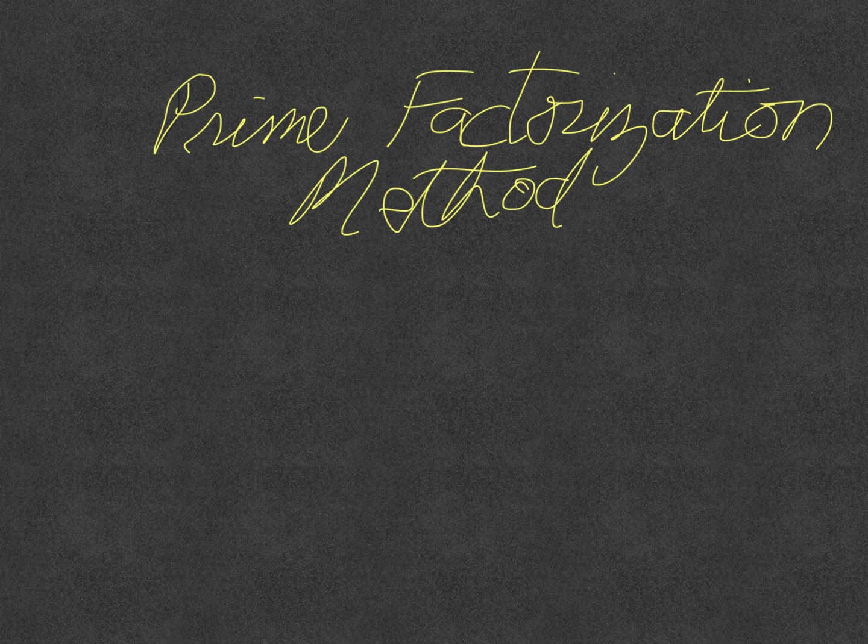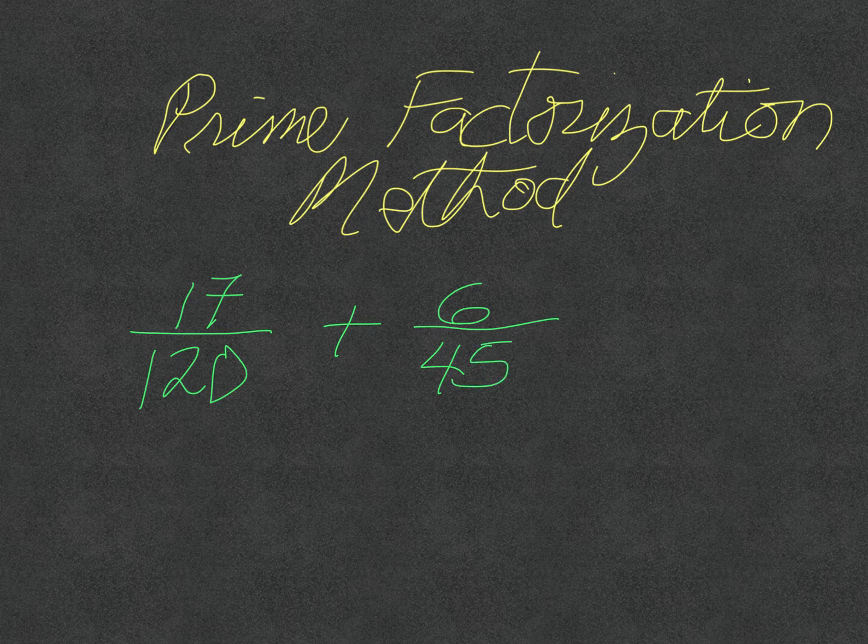The first problem I want to do is 17 over 120 plus 6 over 45. What I need to do is find a common denominator between 120 and 45.